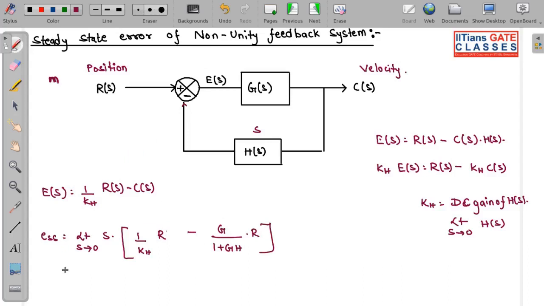So we can take R common. So ess is equal to limit s tends to 0 of s R(s) times 1 minus G over 1 plus GH, all multiplied by 1 by Kh. Okay, so you can take this as the steady state error for a non-unity feedback system. So remember this, for non-unity feedback your ess has this concept.